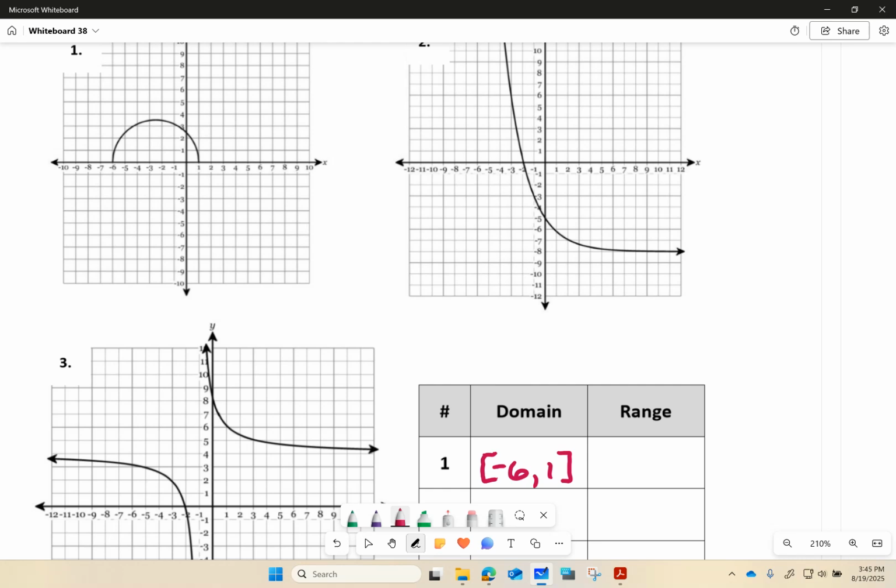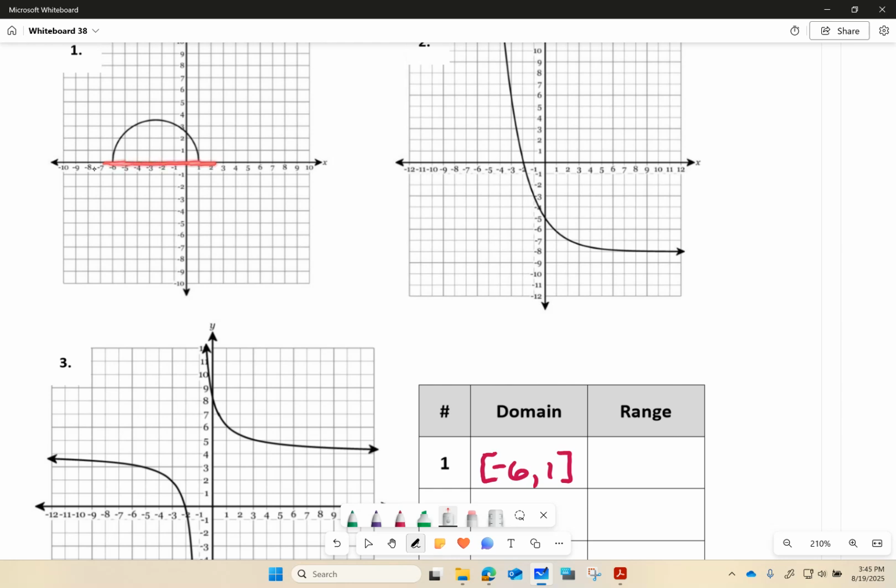When it comes to range now, range has to do with the y-axis. So we're looking at the y values, and we want to know which low to high values are being used on the y-axis. Well, the lowest values are occurring right here and here.